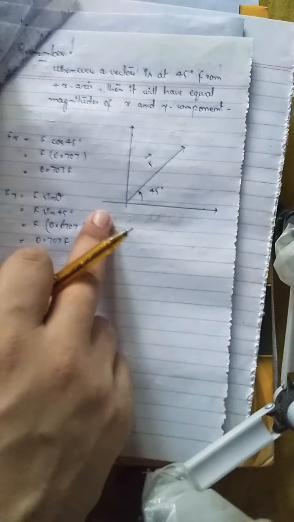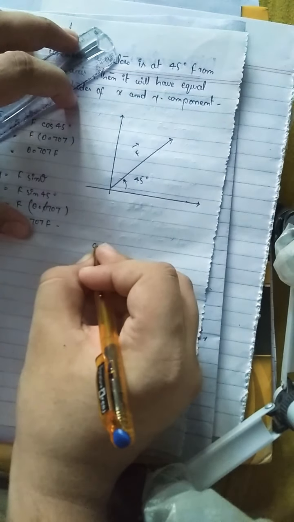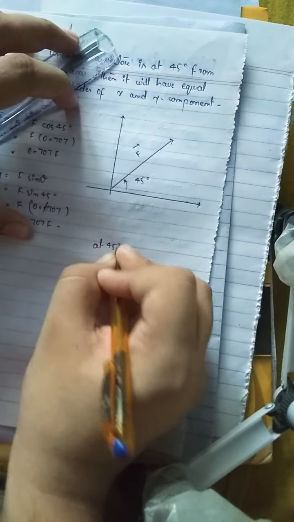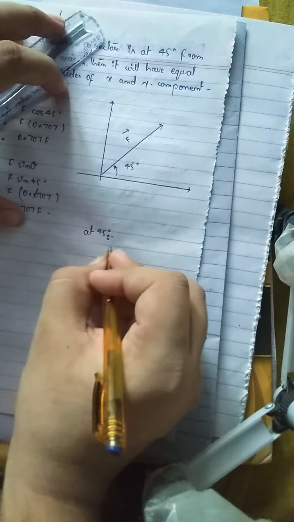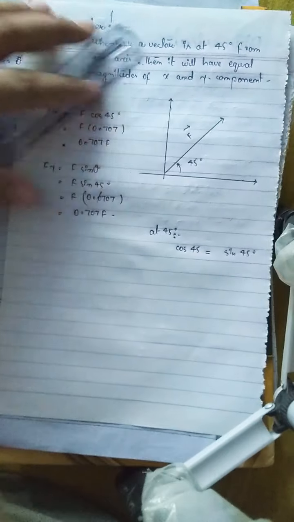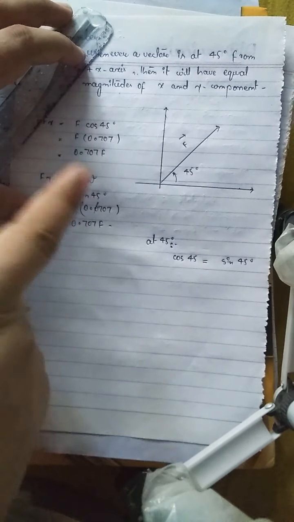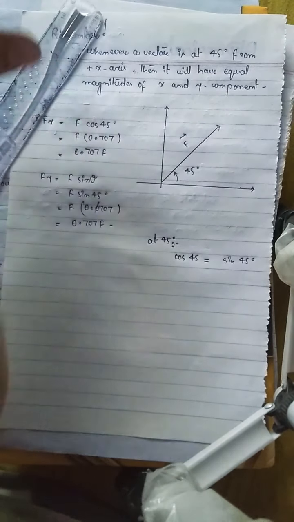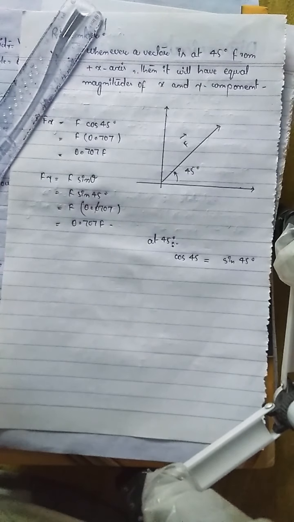The reason behind this is that at 45 degree, cos becomes equal to sine. Cos 45 is equal to sine 45. That's why when a vector is making 45 degree from horizontal axis, it always has equal x and y components.